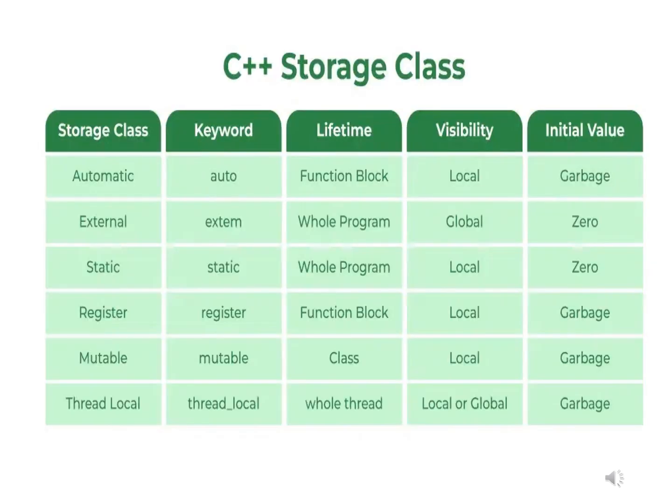Carefully observe this table explaining C++ storage classes. We are comparing the keywords, lifetime, visibility, and initial values. For the automatic storage class, the keyword is auto, the lifetime is only the function block, visibility is local, and the initial value is a garbage value.